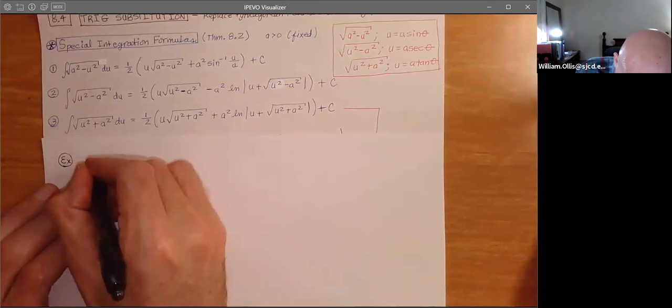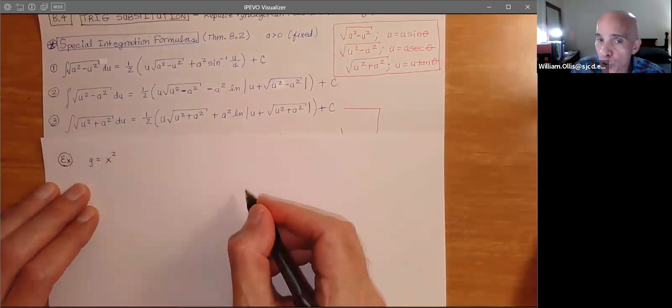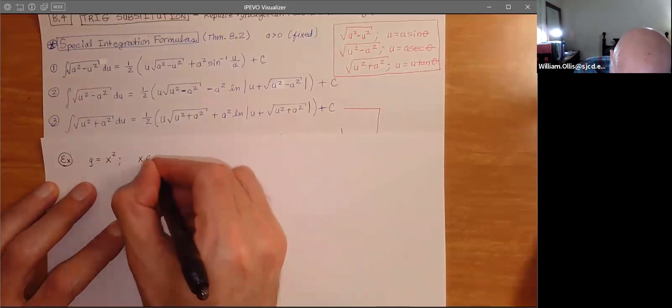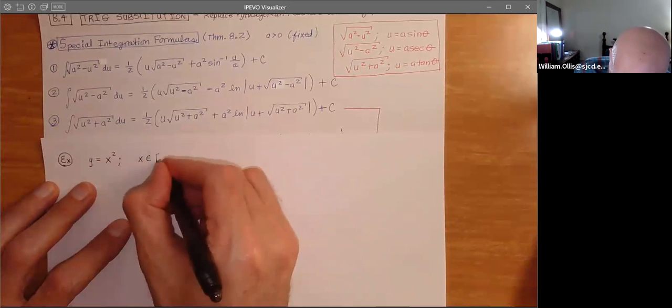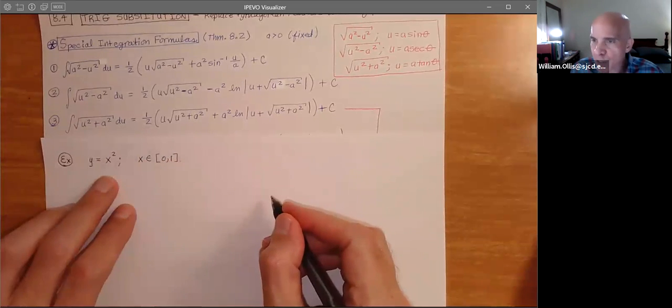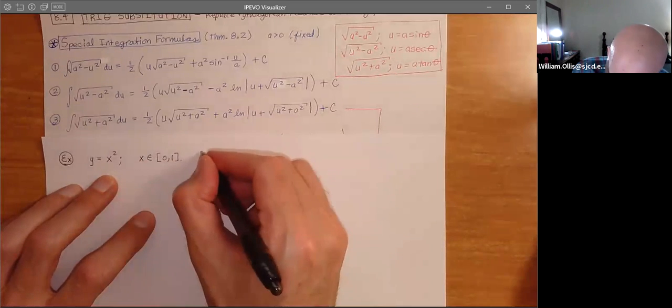For instance, say we have y equals x squared. That's just your standard quadratic curve. And we let x live between 0 and 1. Now you're thinking, that's a nice college algebra function, but we didn't compute its arc length. So here's what I want us to do.